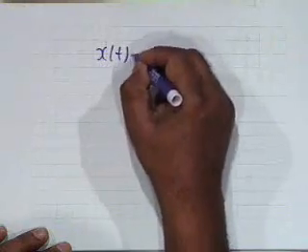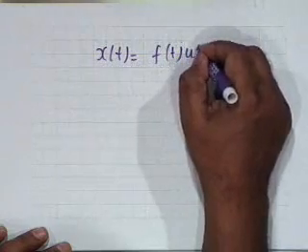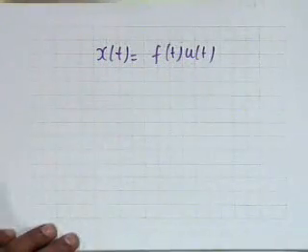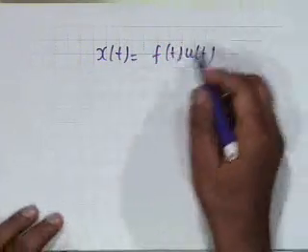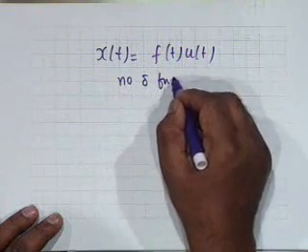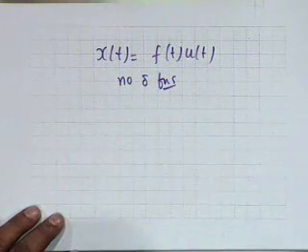For example, suppose x(t) as a special case is some f(t) u(t). Suppose it is a right-sided signal starting from t equal to 0, and suppose x(t) is such that there are no delta functions in x(t).